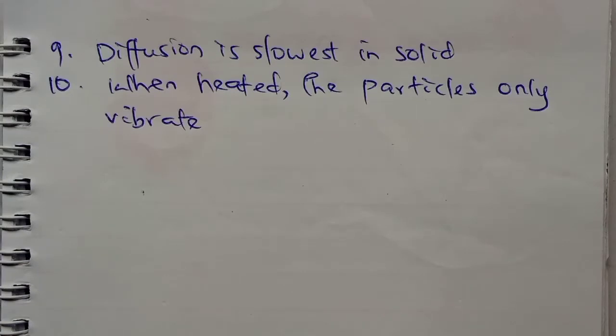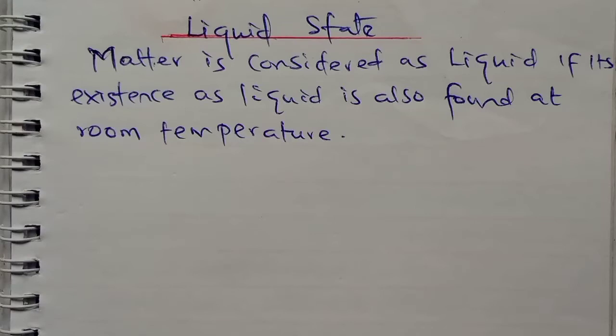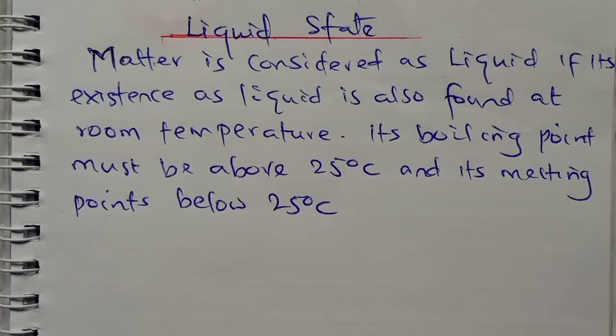When the solid particles are heated, what only happens is that the particles only vibrate with one another. They don't translate. So, for us to assume that a particular matter is liquid, it means that the liquid exists as liquid at room temperature. And one more thing here is that its boiling point must be above 25 degrees Celsius and its melting point below 25 degrees Celsius.